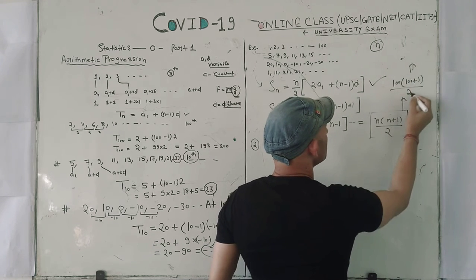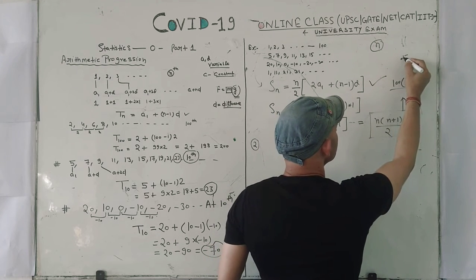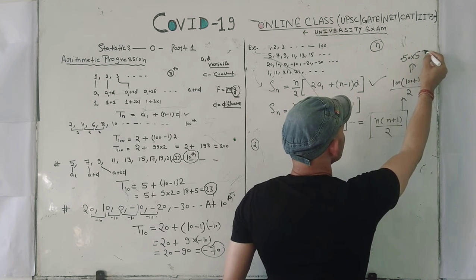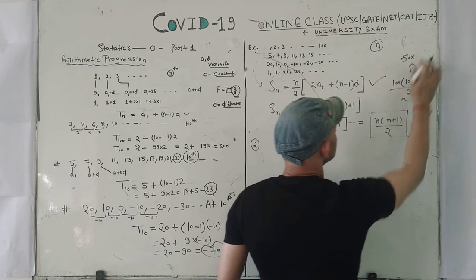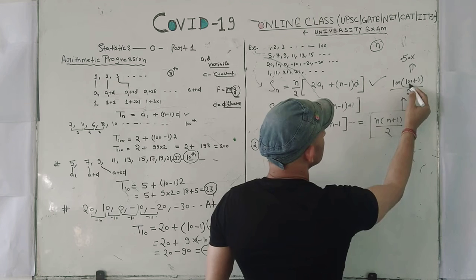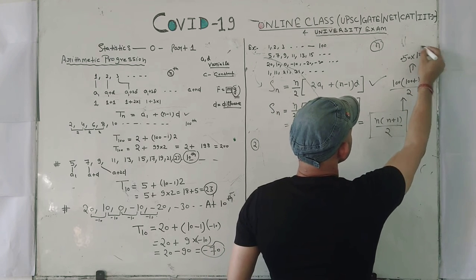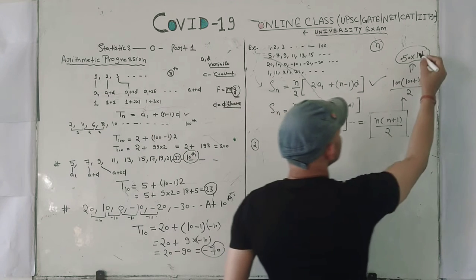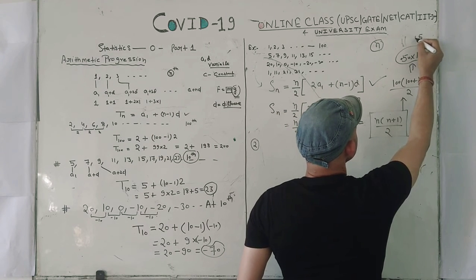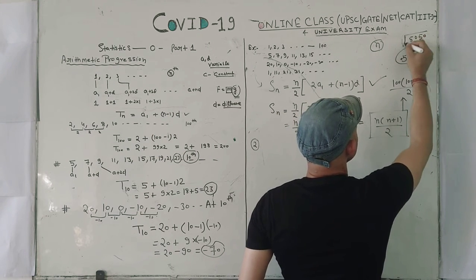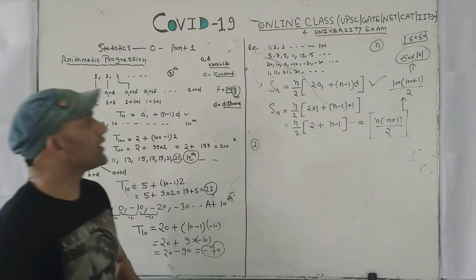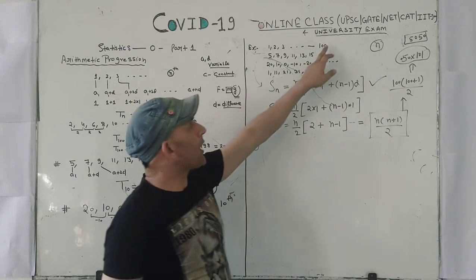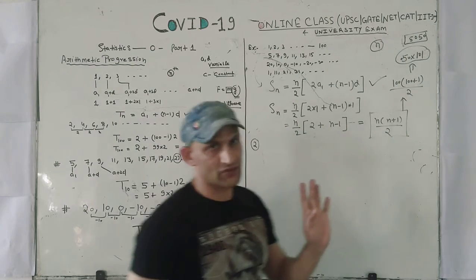So 100 upon 2 is 50, and 50 into 101 is 5050. So the sum of the natural numbers up to 100 is 5050.